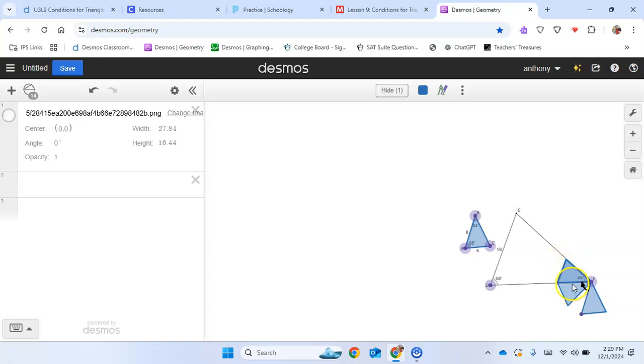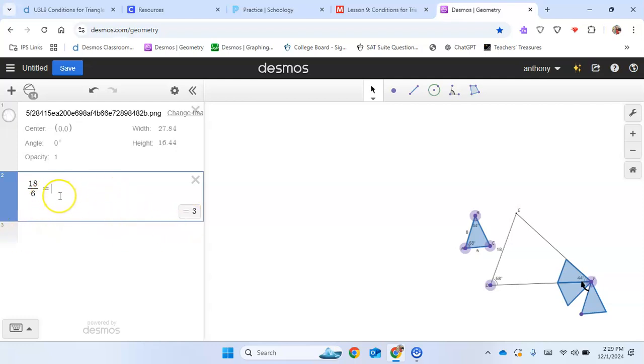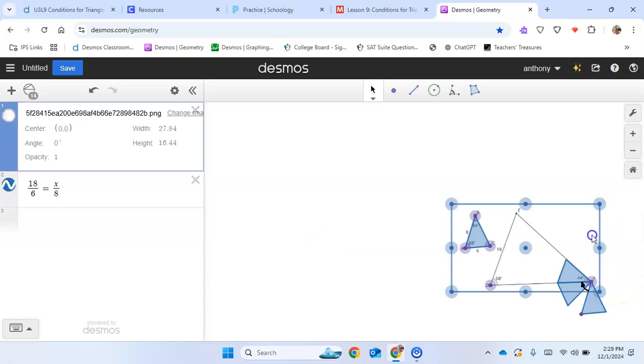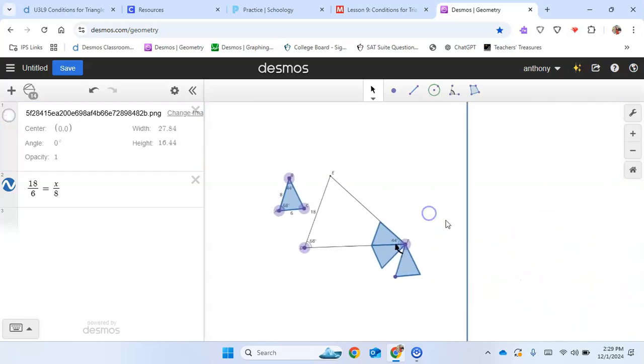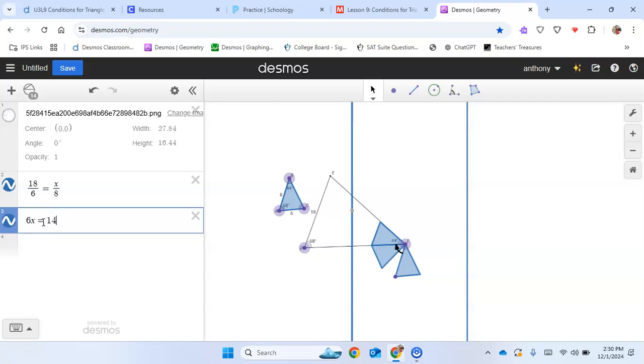You can see now the side that was 6 corresponds to 18, and the side that was 8 corresponds to DF, which we'll call X. And I think if you can see the answer, it's 24, but if you want to calculate it, 6 times X is 6X. 18 times 8 is 144.